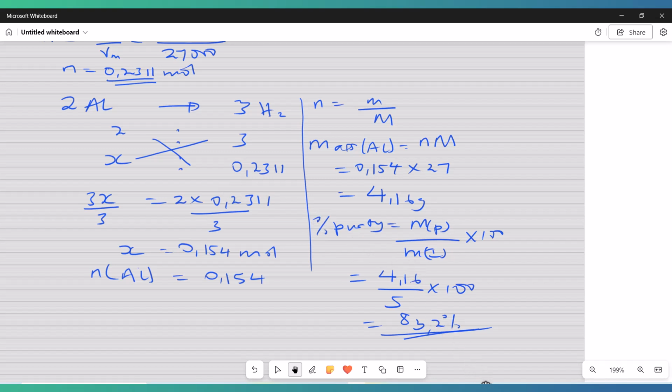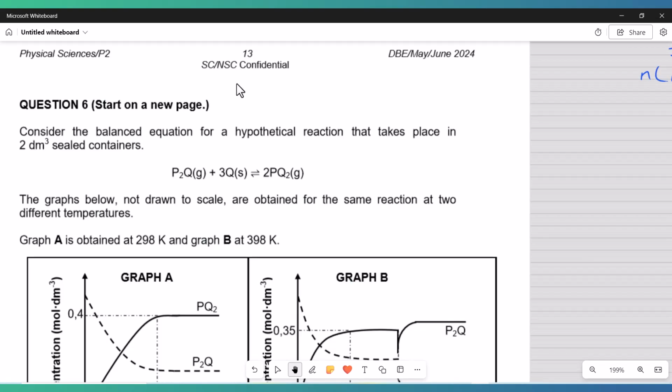Let us proceed then. Now this is question 6, May June 2024. Consider the balanced equation for the hypothetical reaction that takes place in a 2-decimeter cubed container.